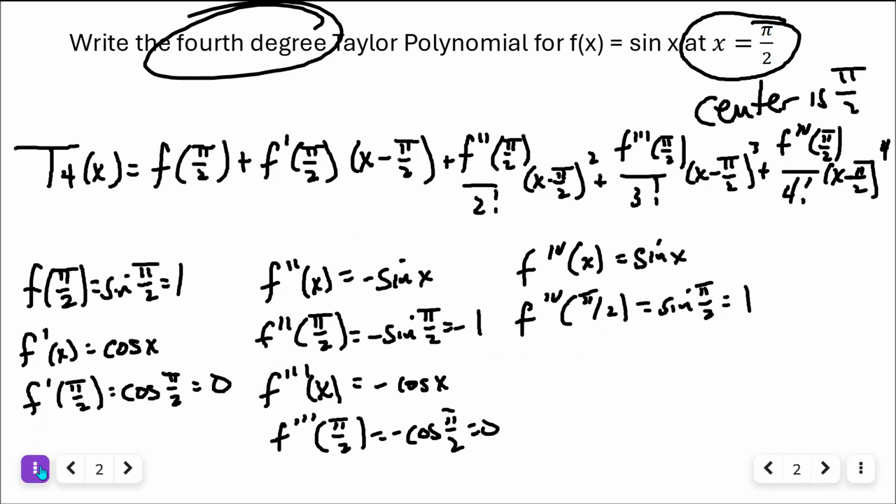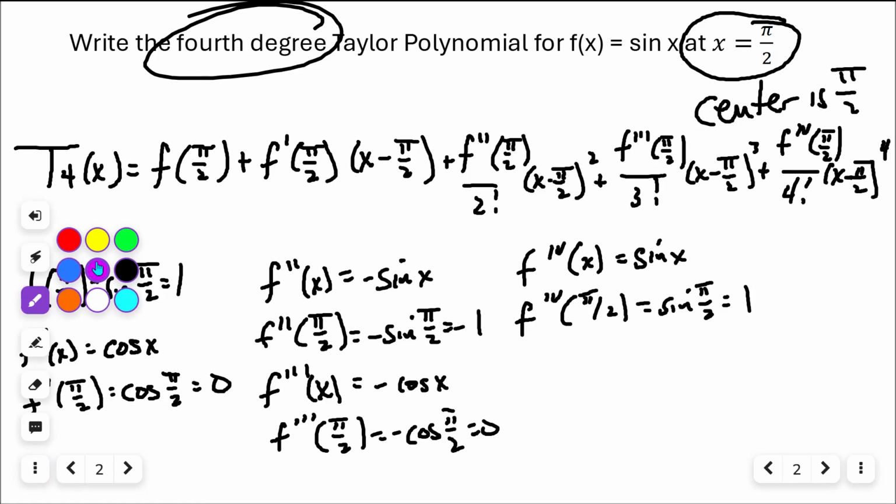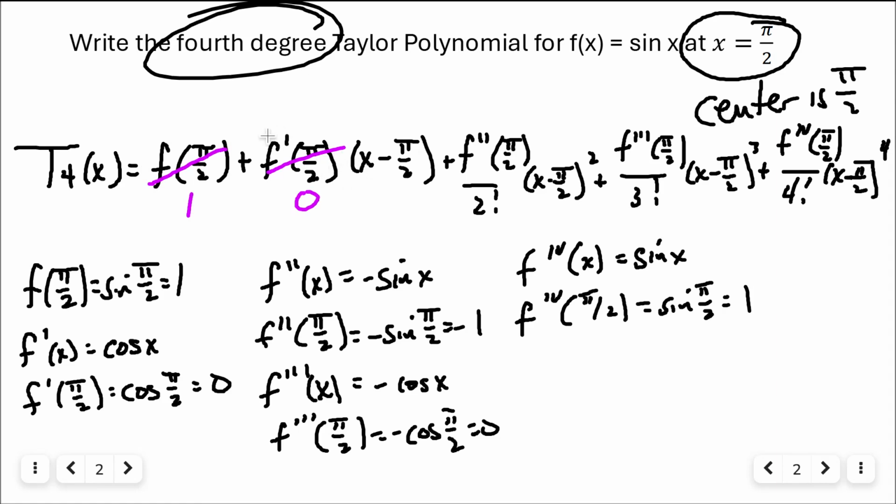Okay. All right, so now we're going to substitute all of our values in, and that will give us the Taylor polynomial. So I'm going to do it in a different color here, up here with the one that we just worked with. So f of pi over 2, that's 1. F prime of pi over 2, that's 0. F double prime of pi over 2, that's negative 1. F triple prime of pi over 2, that's 0. And then the fourth derivative at pi over 2 is 1.